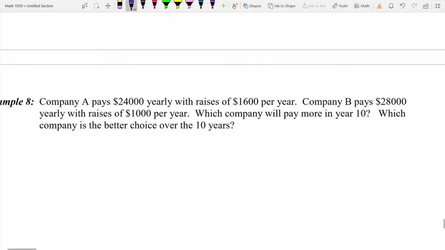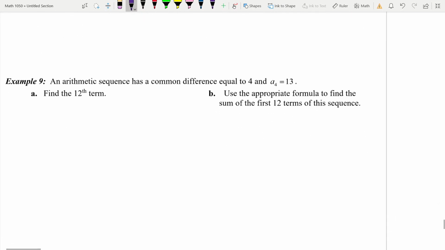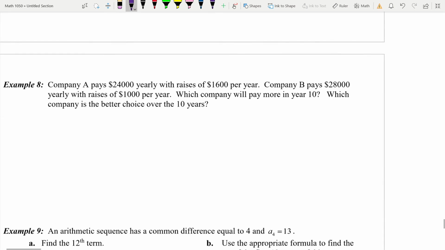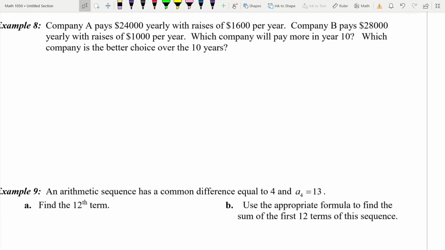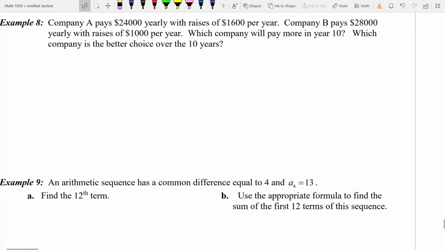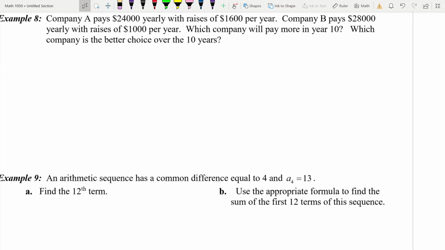Example 8. Company A pays $24,000 a year with a raise of $1,600 each year. Company B pays $28,000 a year with raises of $1,000 a year. Which company will pay more in year 10? The question says which company is the better choice over 10 years.